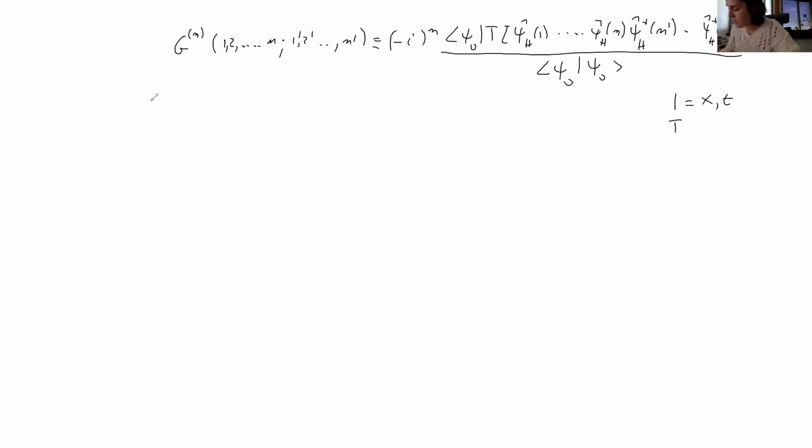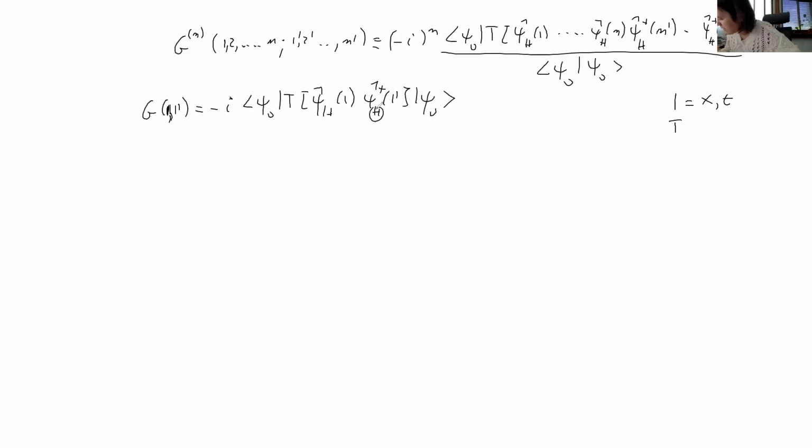In particular, to make things simpler, we have the one-body Green's function, which is the quantity of interest for the ionization energy and electron affinity, which is defined like this. So for simplicity, I consider this normalized. And here also I forgot to say something important.